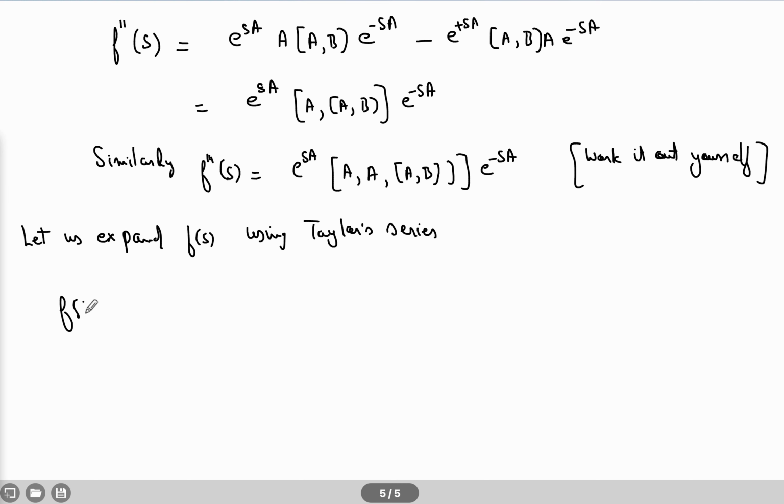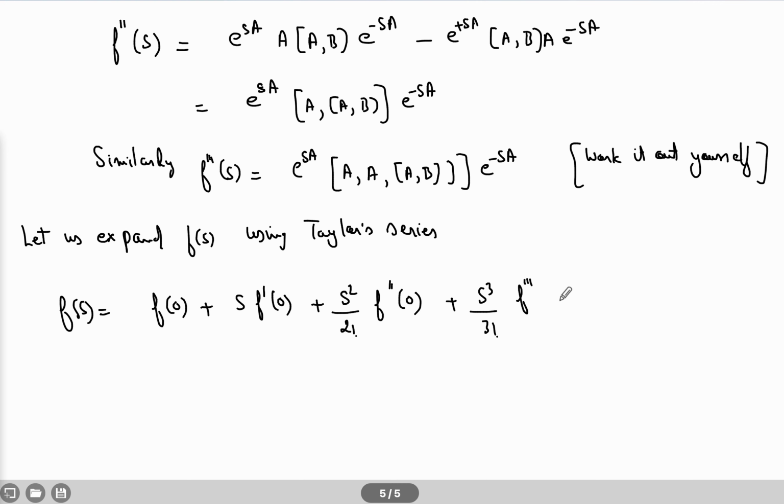So f of s can be written as f of 0 plus s times f prime 0, where f prime is the first derivative, plus s square by 2 factorial f double prime 0, plus s cube by 3 factorial f triple prime 0 and so on. So if I now substitute the values of f0, f prime 0 that we have calculated, where we'll put s equal to 0, what do we get here?